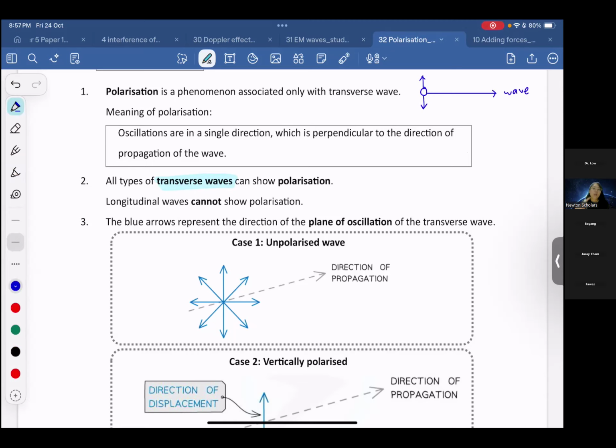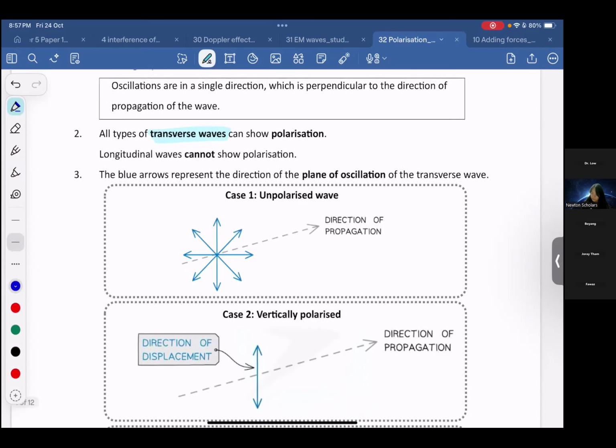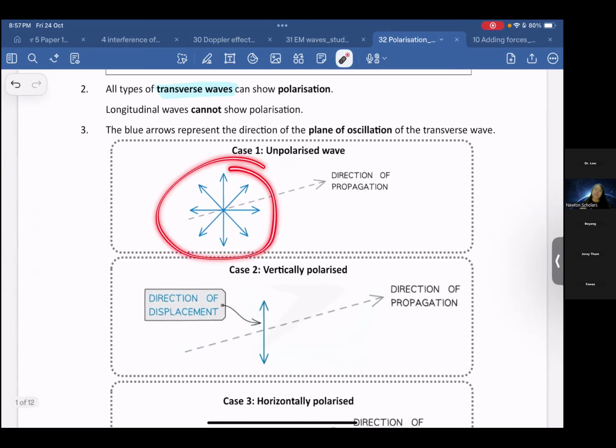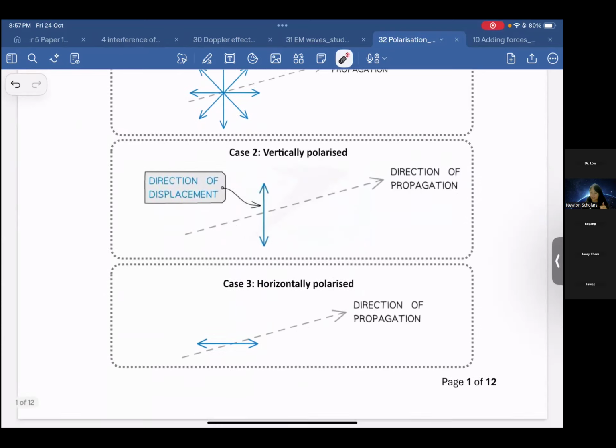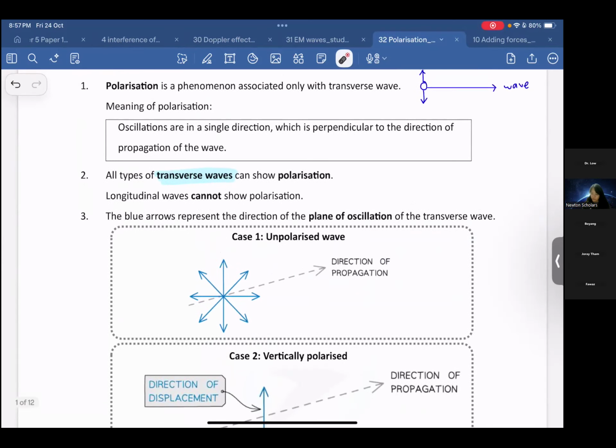For light that is unpolarized, the oscillation will be in all directions. But when we polarize it, we steer it into one direction only, depending on how we polarize it. It becomes a single direction, or we say a single plane.